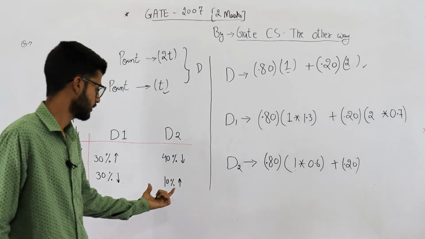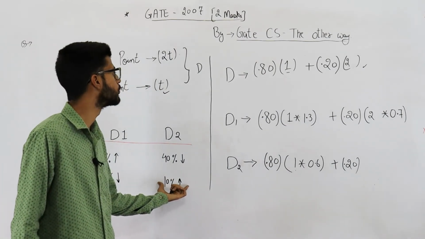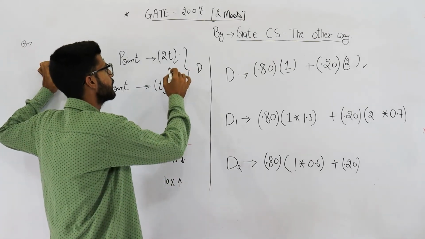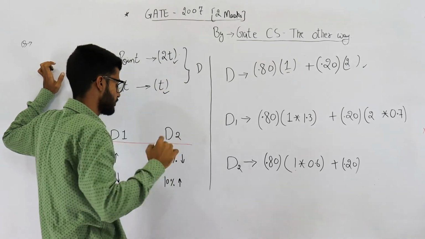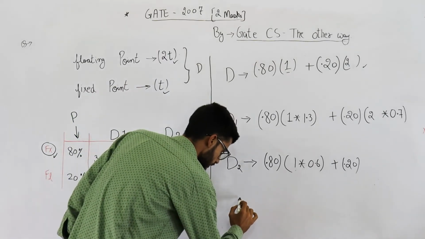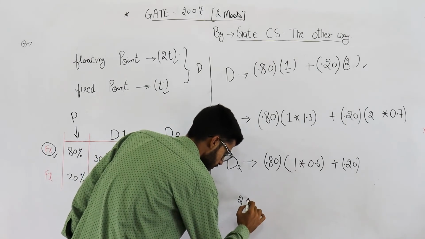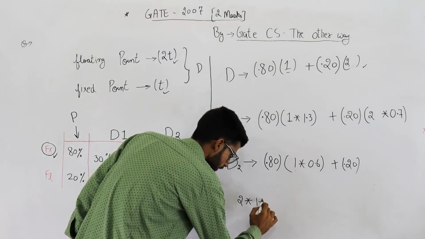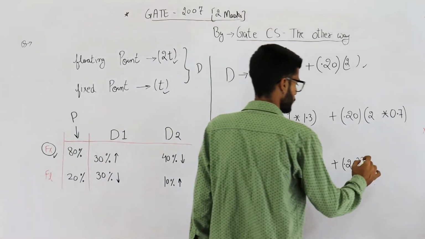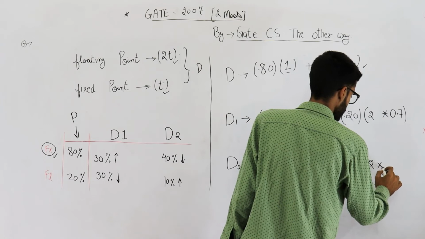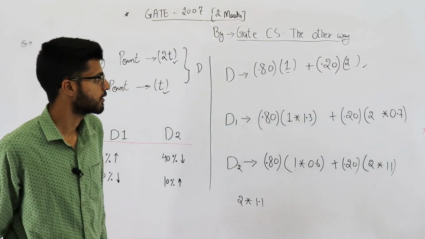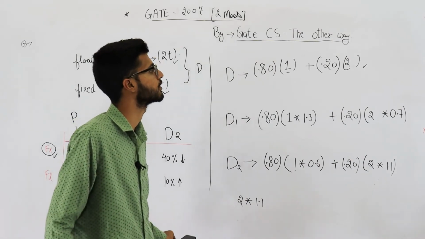Floating point unit takes 10% more clock cycles as compared to this design D. Means 2t has to be increased by 10%. We have already assumed t to be 1, that means 2 has to be increased by 10%. Increasing by 10% means multiplication by 1.1. Okay. So I'm writing 2 times 1.1. Now let's calculate all these and you'll get your answer.